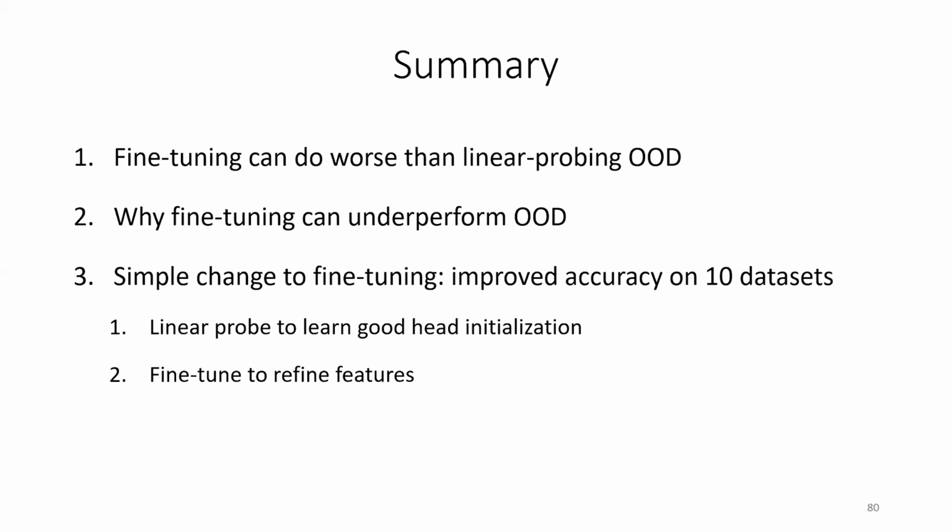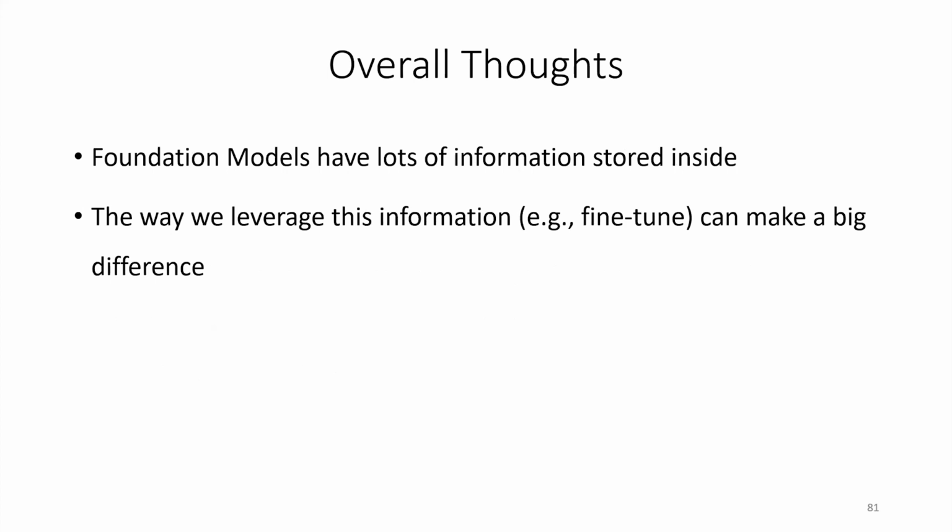But the high-level point I want to make here is that foundation models have a lot of information stored inside, but the way we leverage this information can make a huge difference. And we really should be careful about testing issues like robustness, what we actually care about in the task. That can be very different from testing on standard in-distribution examples, which are just held out examples from the training set. Thank you.